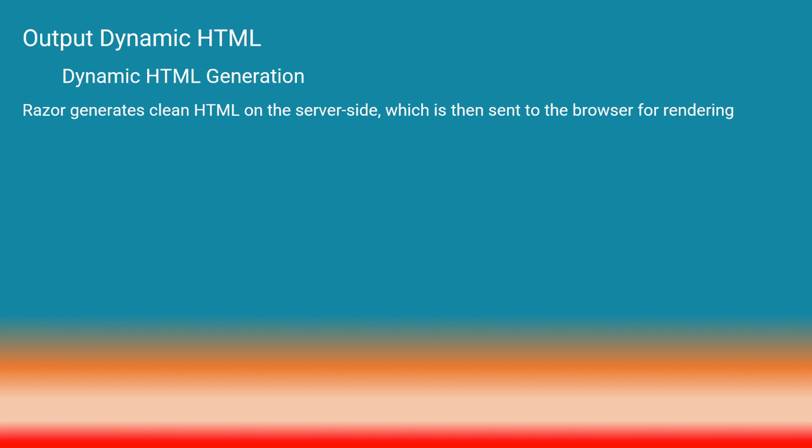This confirms that Razor is successfully generating dynamic HTML on the server side. This server-side processing ensures that the browser receives only standard HTML, CSS, and JavaScript, enhancing performance and security. Razor handles all the server-side processing, so the browser does not need to execute any C# code.